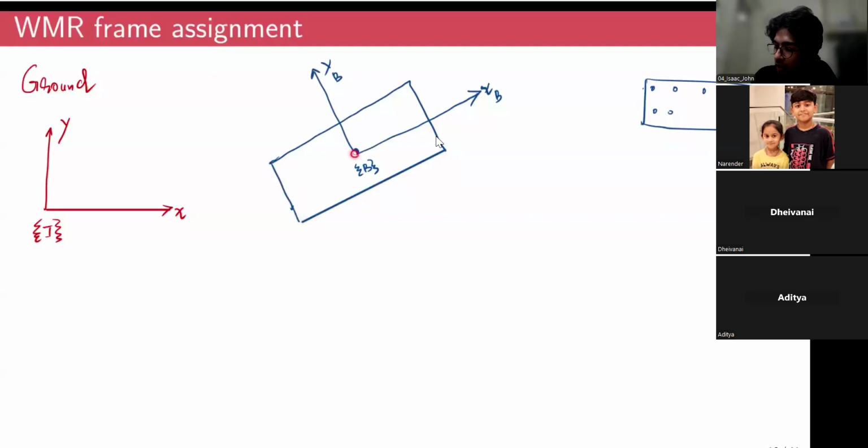So how do you describe a rigid body using the coordinate frame? You can use the position of the origin of the body fixed frame with respect to this inertial frame to describe the position of the entire mobile robot, right? If you know the position of the origin of the body fixed frame, you can find each and every point of the rigid body, because, as I've said earlier, the relative position between any 2 points of the rigid body is always going to be fixed.